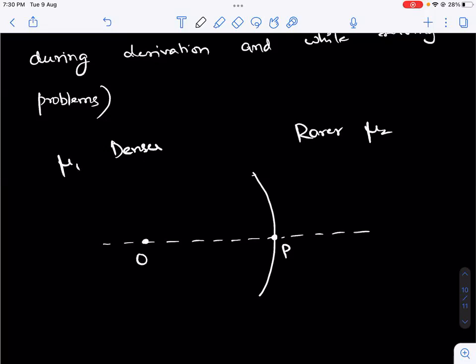A point object is placed here and the center of curvature is still here. Now I want you to derive the same refraction at spherical surface for this scenario. 5 minutes time, do it. First draw the diagram and then proceed. Diagram itself will change. You can try and see.